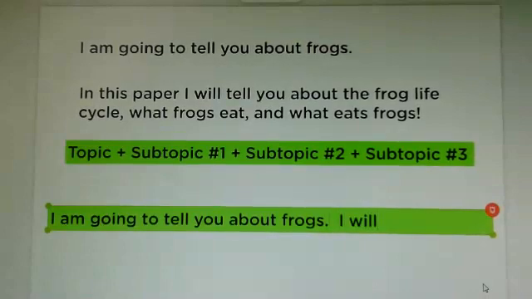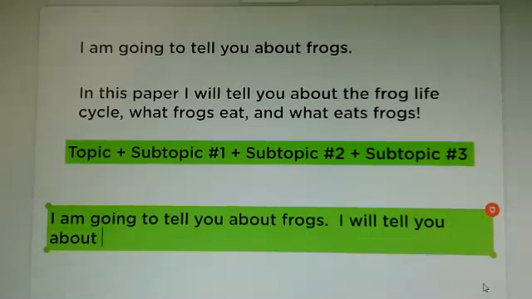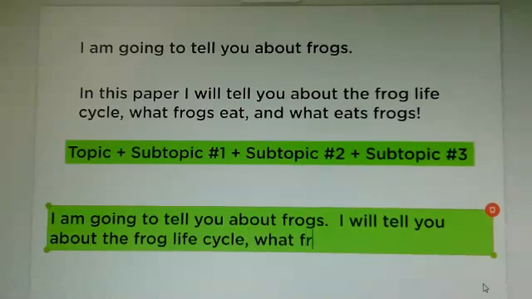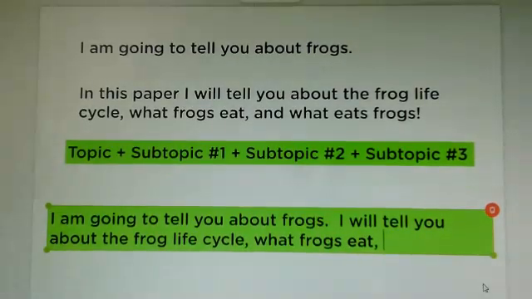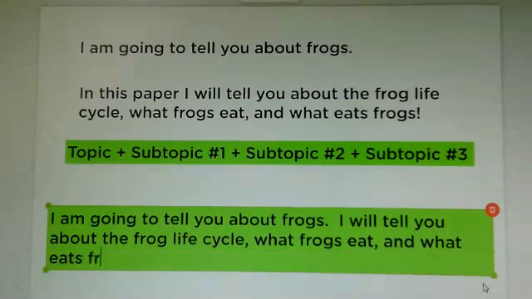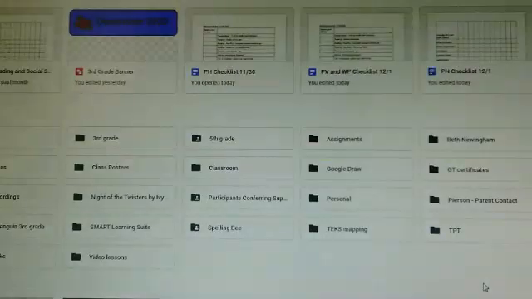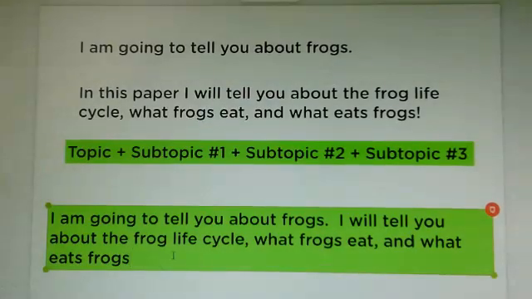I will tell you about the frog life cycle, what frogs eat. That's subtopic number 1 and subtopic number 2. And what eats frogs. Oh, I pushed the wrong button. Let me try that again. What eats frogs? But now I have 2 sentences instead of just 1.